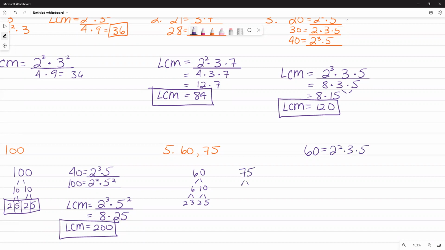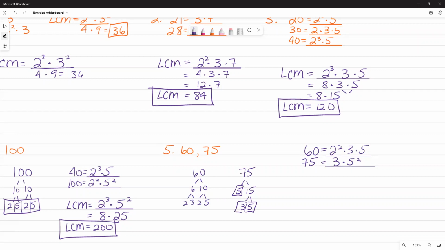Anyway, we'll keep going. All right, and then 75. 5 goes into 7 once, so 15, 5 and 15. And then 15 breaks down into 3 and 5. And so we have 3 times 5 squared.